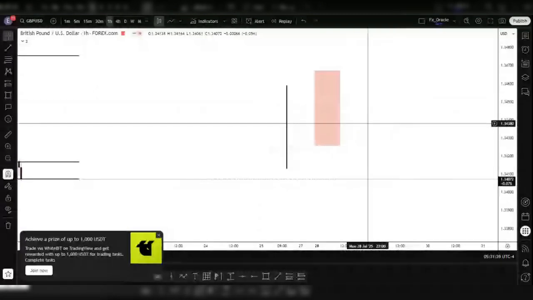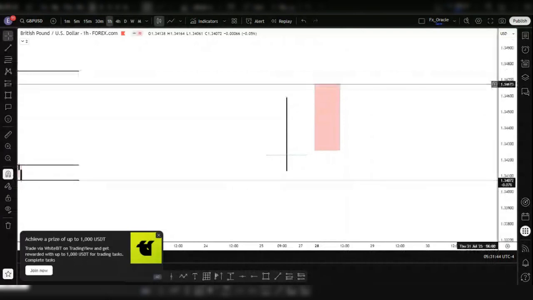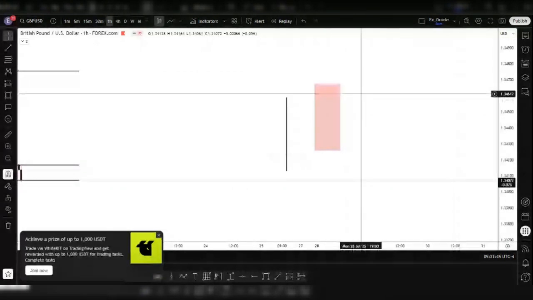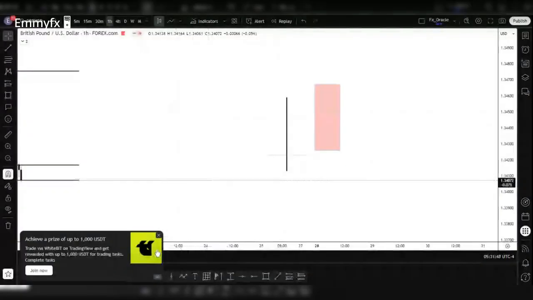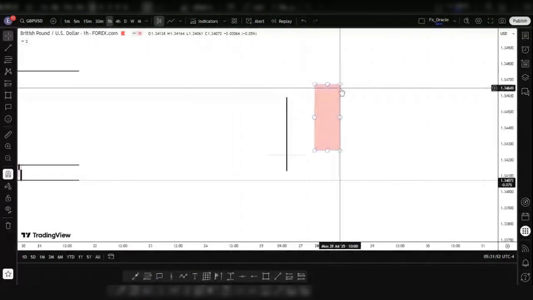All right. So let me go through some candlestick patterns you are to be looking out for. We have a lot of different candlesticks: morning star, doji, evening star, and all those ones.